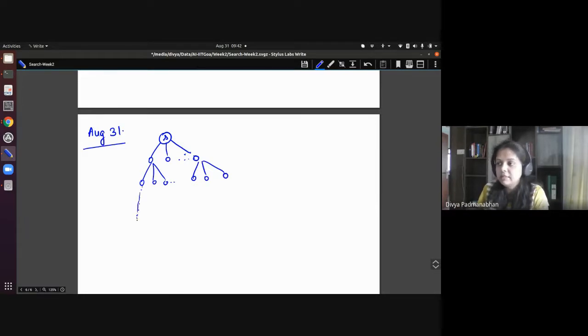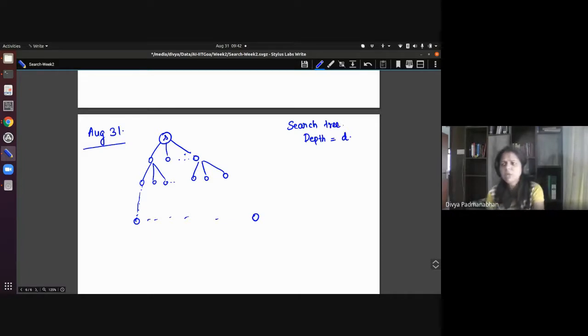So the tree goes on up to some depth. Let the depth of the search tree be D. So this is a search tree, and suppose its depth is D.